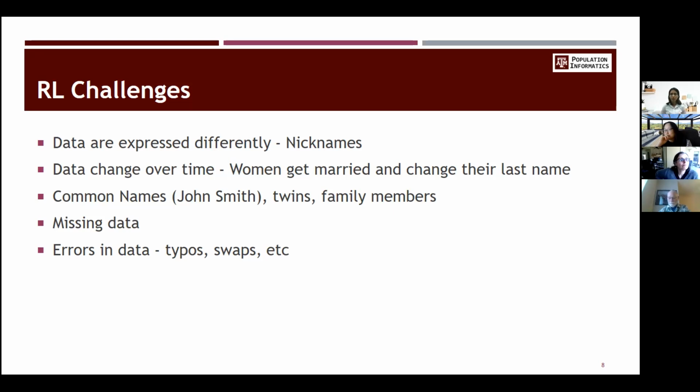There are some common names like John Smith in the US, which is very common and can refer to a lot of people. Some names are very similar to each other, for example, names of twins or family members. And we may have missing data or errors in data like typos, swaps, and other errors.